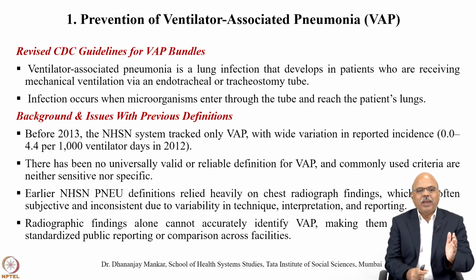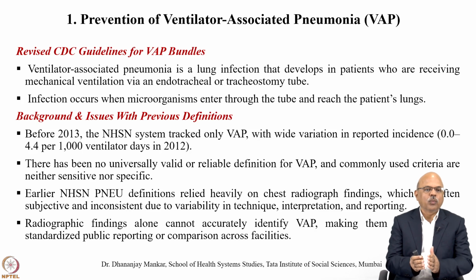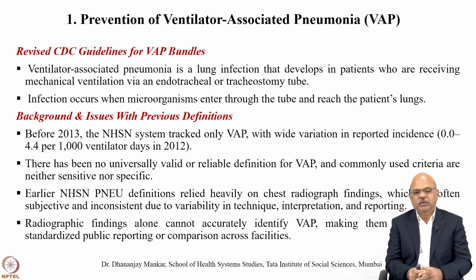So, VAP, that is ventilator-associated pneumonia, is a lung infection that develops in a patient who is receiving mechanical ventilation, that is via an endotracheal or tracheostomy tube. So most of the reasons for developing infection are because of this intubation or the tracheostomy surgery.